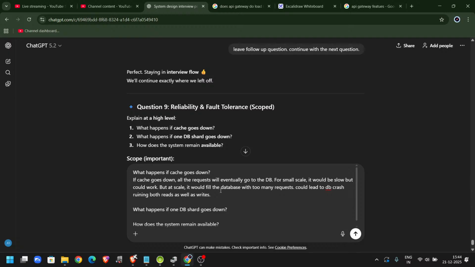What happens if one DB shard goes down? We can assume we have 4 shards, and in each shard we have, I don't know, 100 keys.